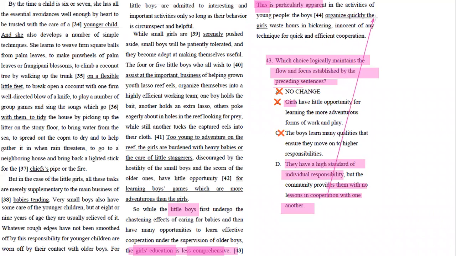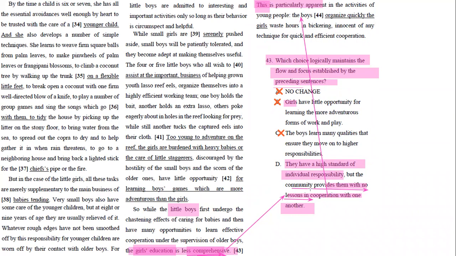The boys organize quickly while the girls waste time in bickering. So the girls don't learn about cooperation, just like the boys. Here, it does talk about how the girls learn responsibility, but they don't have such a comprehensive education. It provides them no lessons in cooperation.